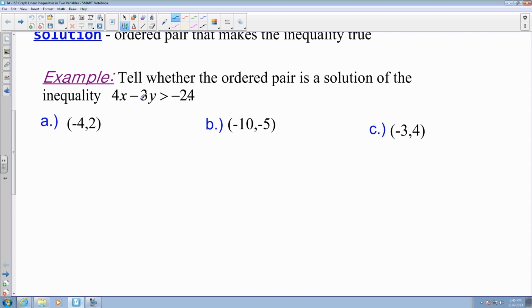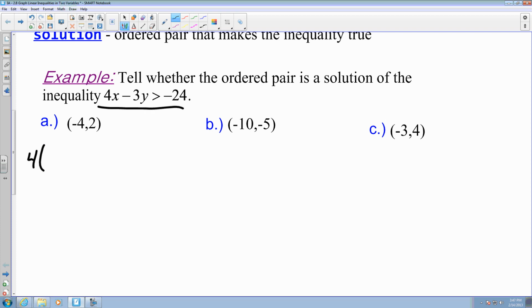Here, I want to see if the inequality 4x minus 3y is greater than negative 24 holds true with these ordered pairs: negative 4 comma 2, negative 10 comma negative 5, and negative 3 comma 4. How I determine that is I substitute into this equation.